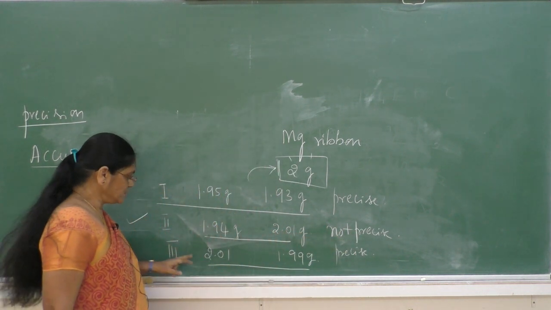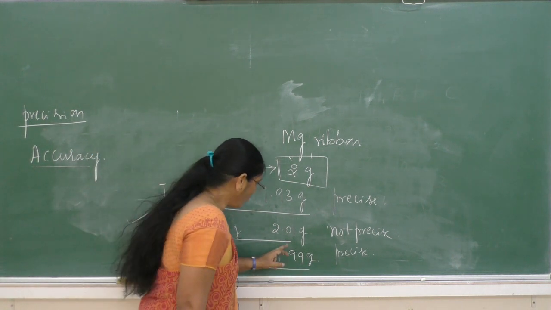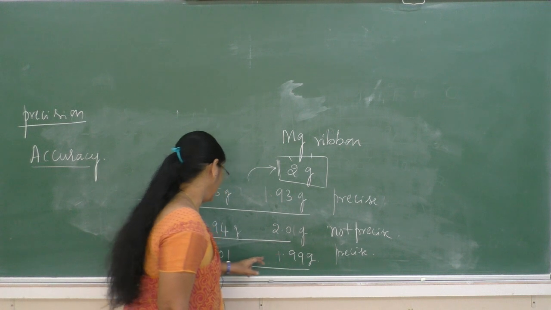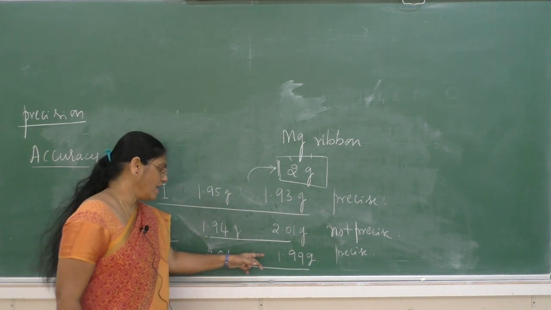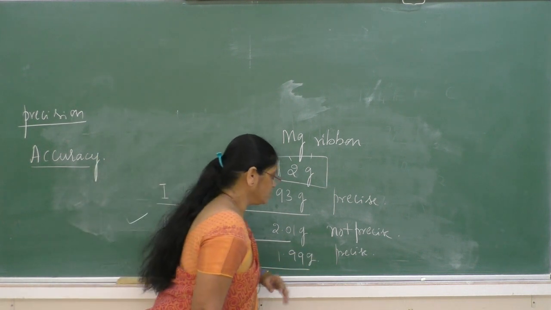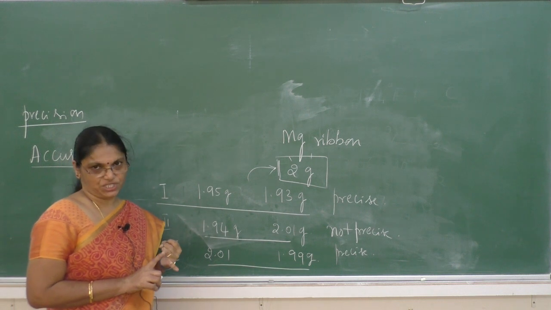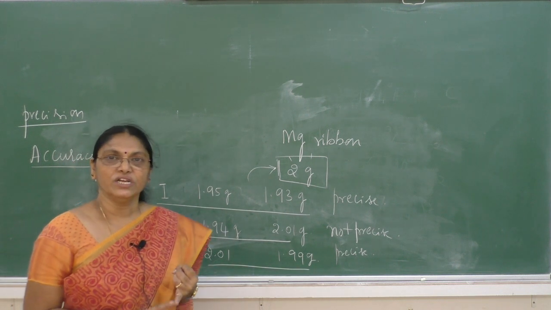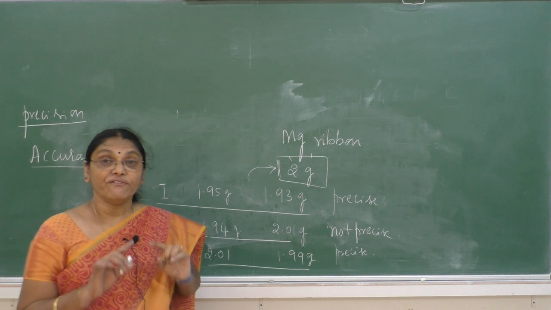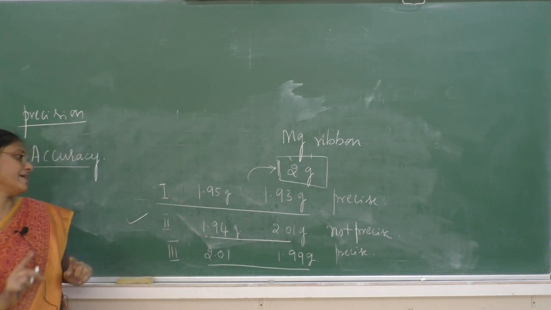The third student's measurements are 2.01 and 1.99. These two values are close to each other, so they are also precise. So precision refers to the closeness of various measurements for the same quantity.